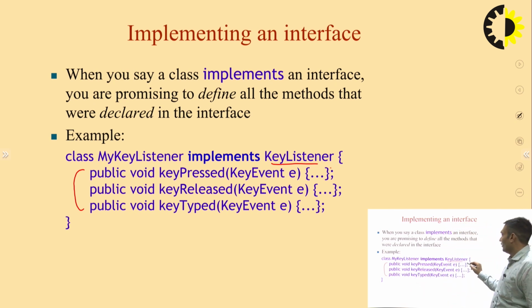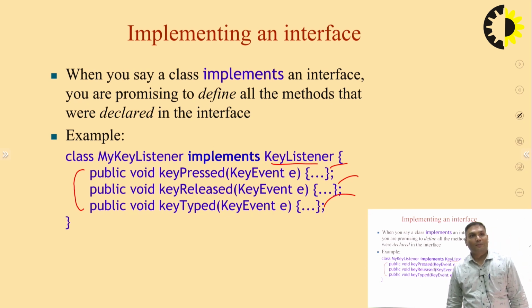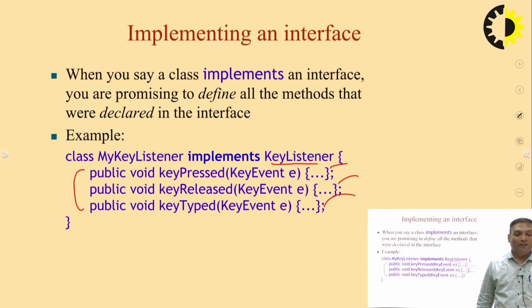So there is a body for these methods inside this class. Always keep in mind that when we are declaring various methods inside the interfaces, we need to define them inside the class.